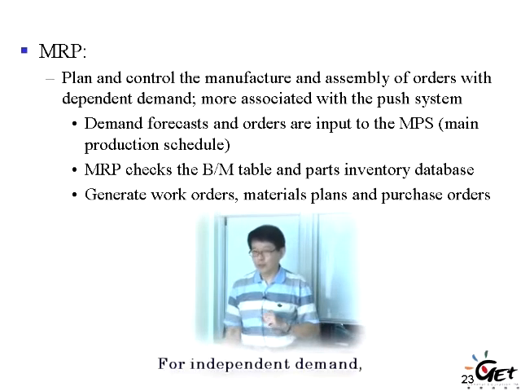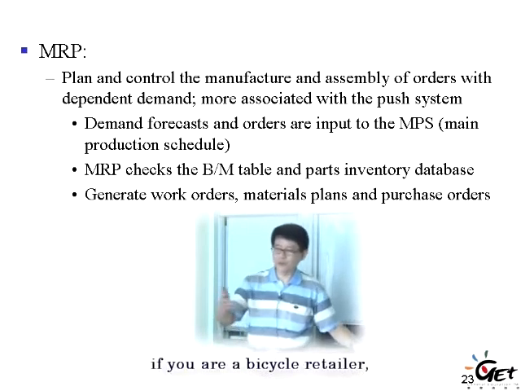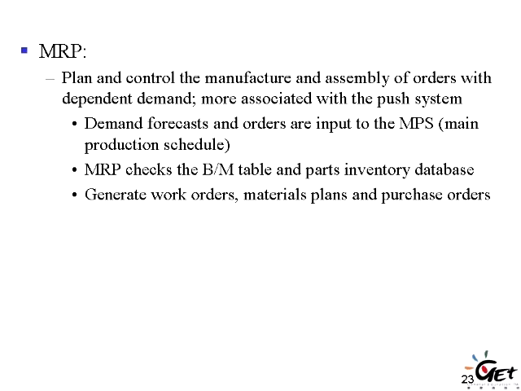For independent demand, for example, if you are a bicycle retailer, then you place an order to the suppliers. Right? You say I want 100 bicycles. Basically, the demand for bicycles typically will be independent demand.